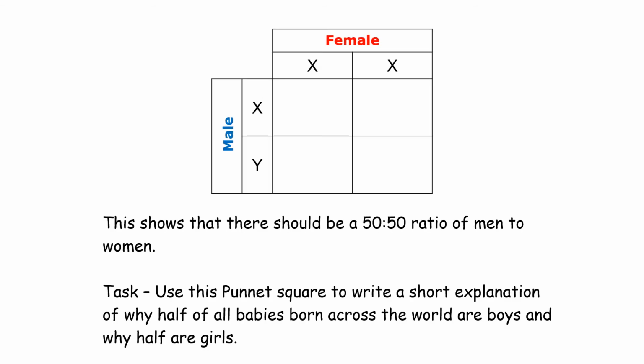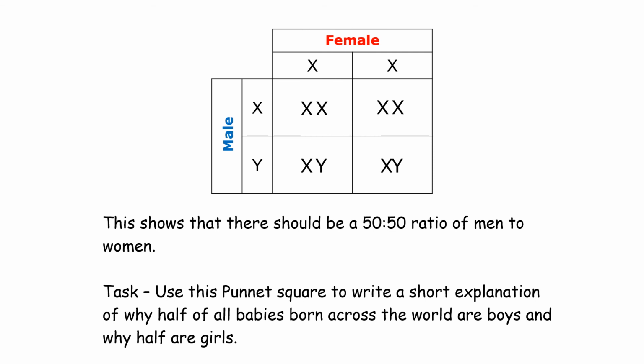Now you can see if we do the Punnett square of female gametes and the male gametes, the first box has both X and X, then you have X and Y, then both X and X, and then X and Y. So the ratio is 50 to 50, meaning 1 to 1.